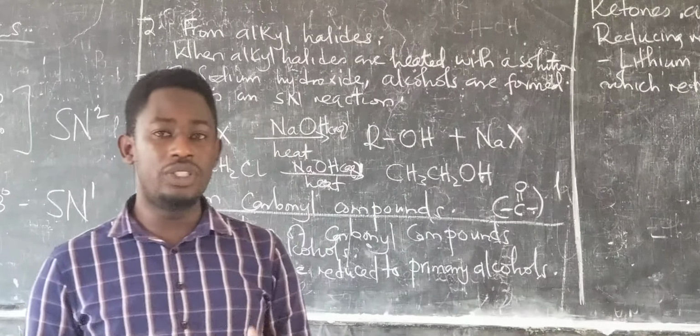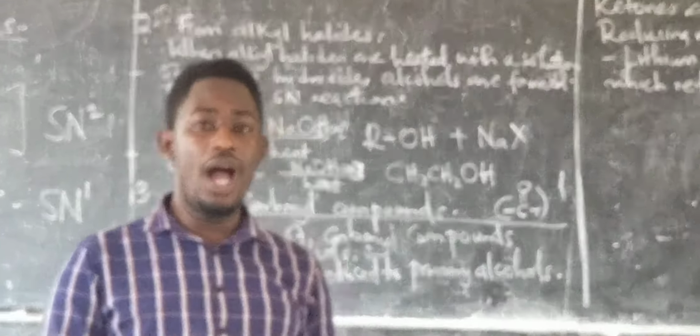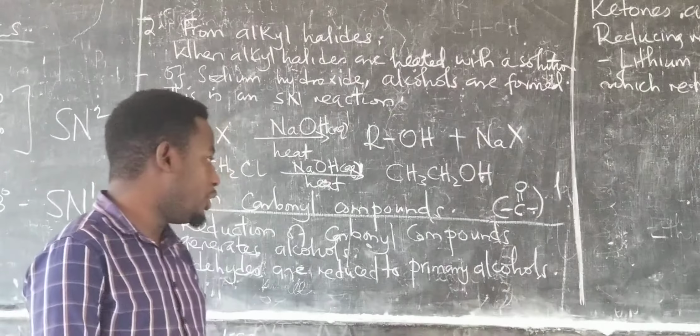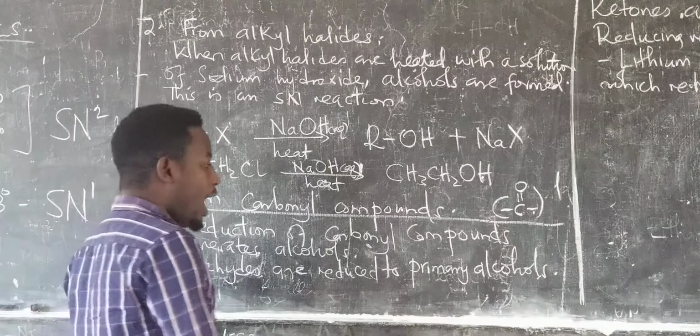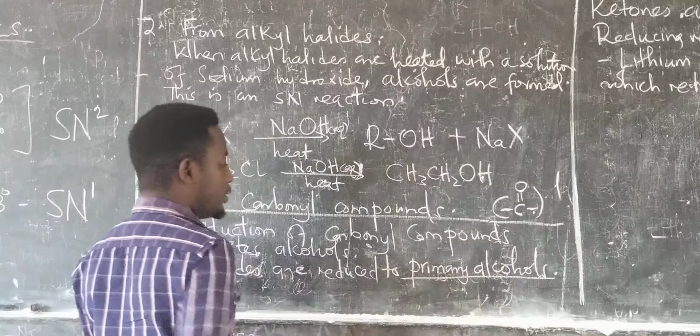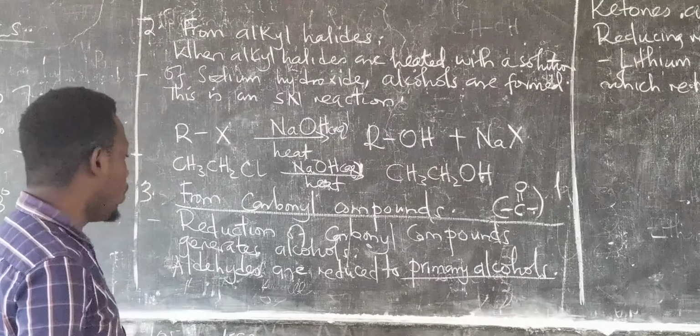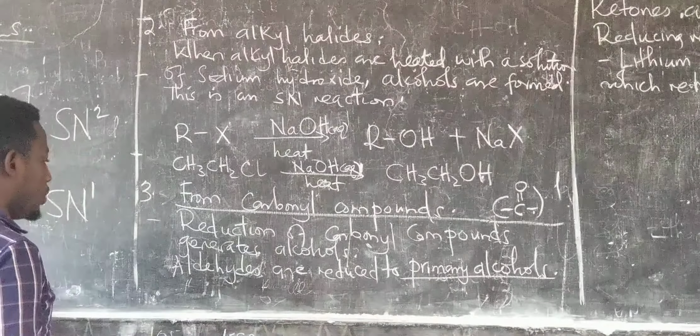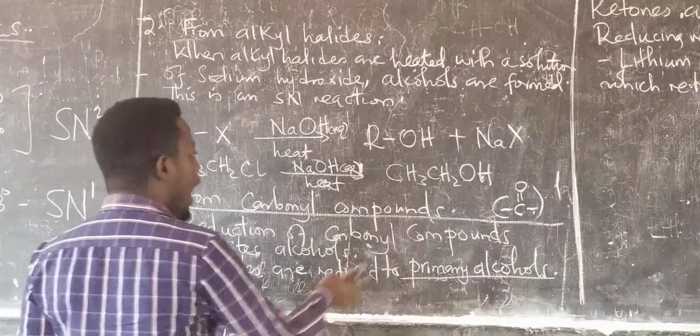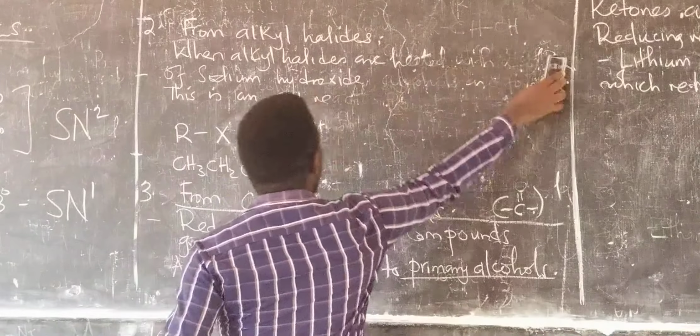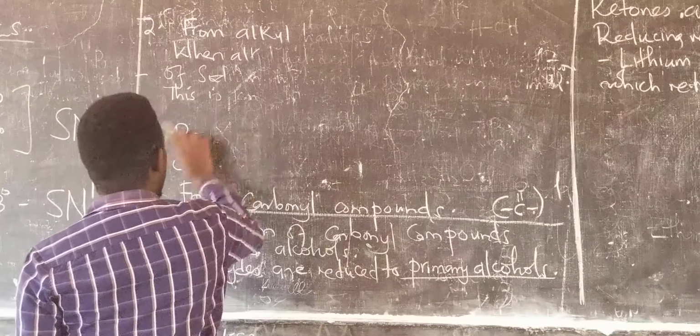And this one reduces aldehydes to primary alcohols. Aldehydes are reduced to primary alcohols, and ketones are reduced to secondary alcohols.